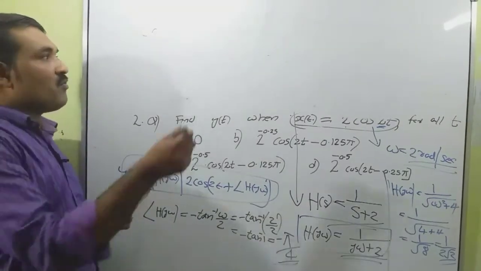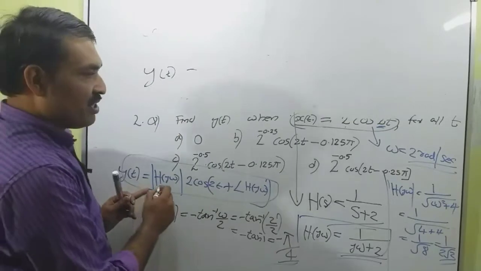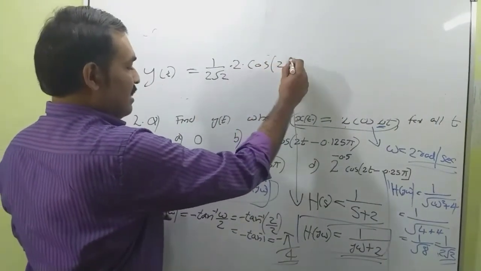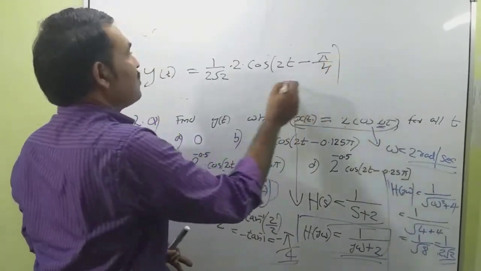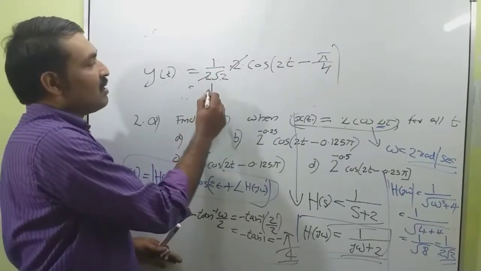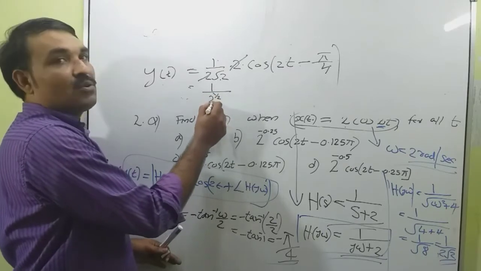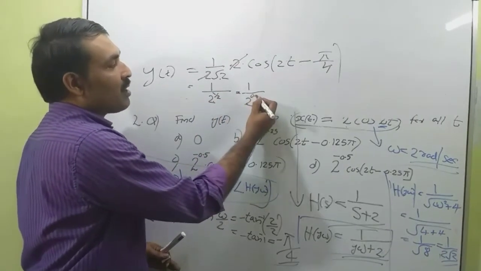Okay. Our output y of t is equal to magnitude of h of j omega into 2 cos of 2t minus pi by 4. Okay, so this 2 and 2 get cancelled. This is 1 by root 2. We can write 1 by root 2 as 1 by 2 raised to 1 by 2, which is equal to 1 divided by 2 to 0.5.